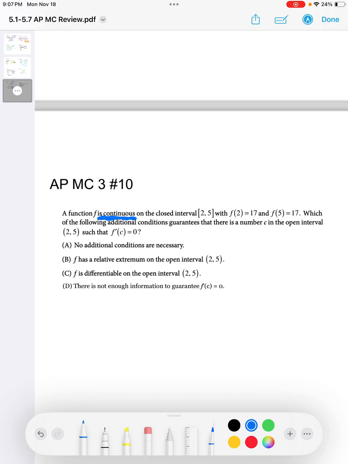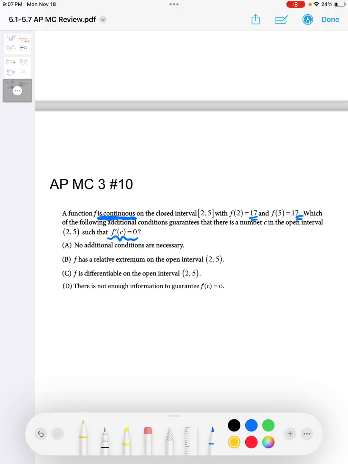F of 2 is 17, and f of 5 is 17. Okay, so I can see that the y values are the same. Which of the following additional conditions guarantees that there's a number c on the interval from 2 to 5 such that f prime of c equals 0?